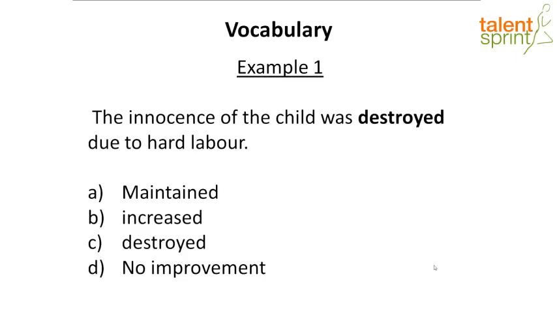So in this context, if you saw, we applied about 2-3 techniques, right? One is we looked at the cause and effect relationship, due to being our clue word here, right? The reason is given, hard labor, so something happened to the innocence of the child, something changed, and the context also helped us figure out that we need a negative meaning word.